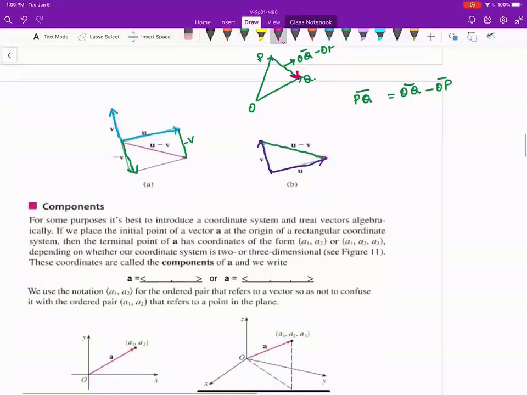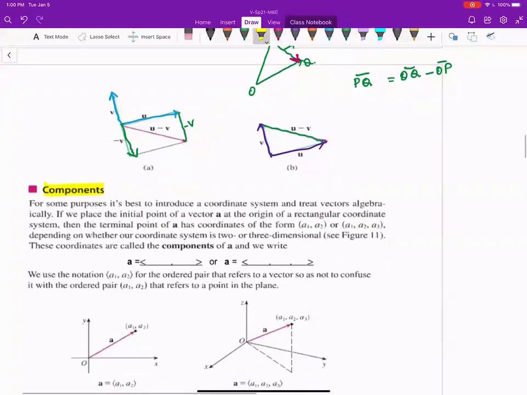What are components of vectors? For some purposes, it is best to introduce a coordinate system and treat vectors algebraically. It's easy to treat vectors in terms of components.